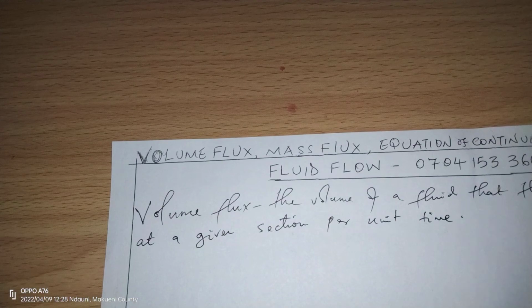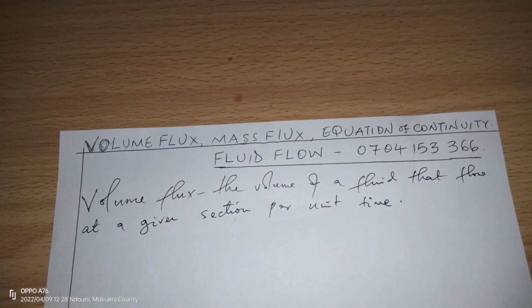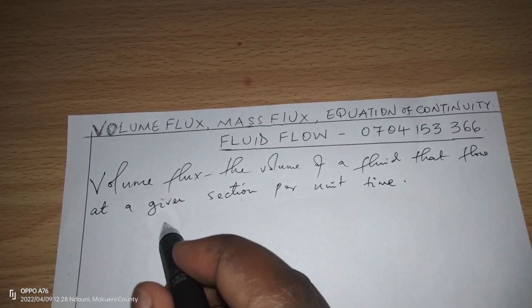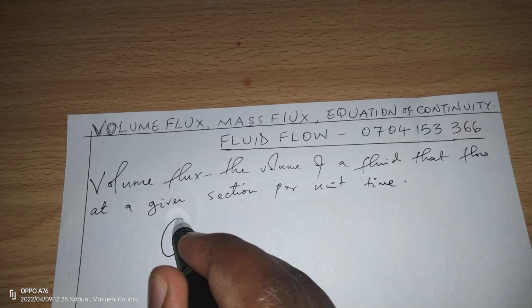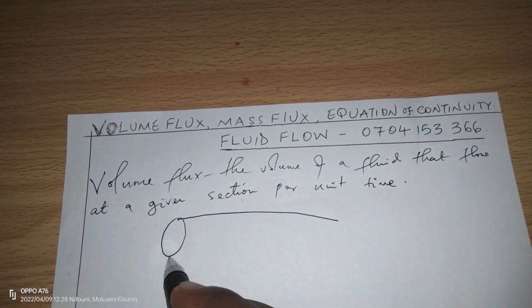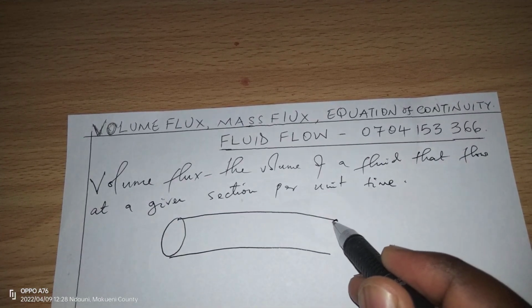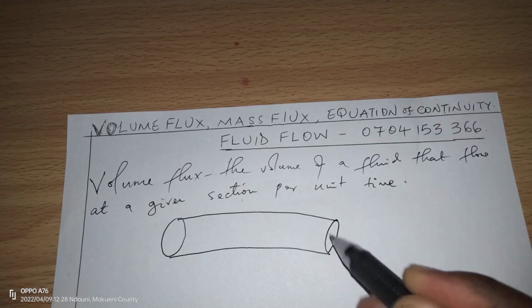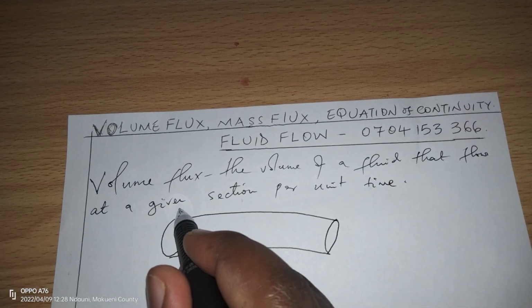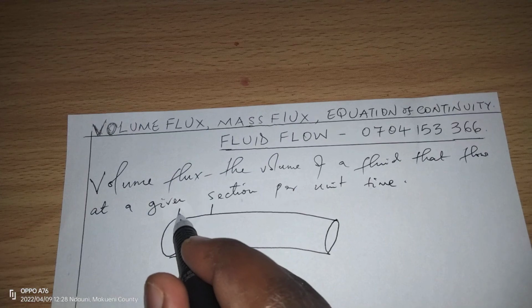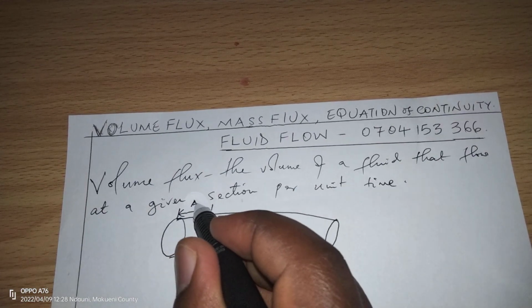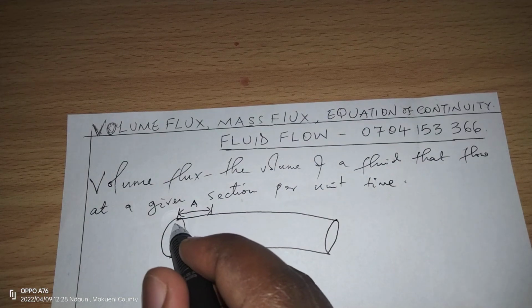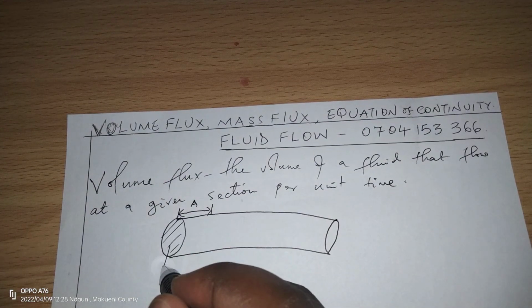Therefore, we can consider a tube of flow whereby it has a section here. So we can call this one section A, which is having, of course, some area.